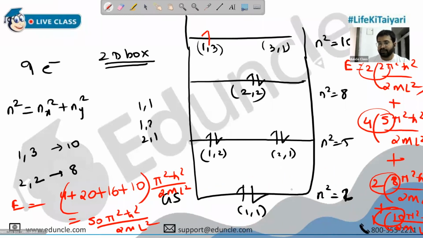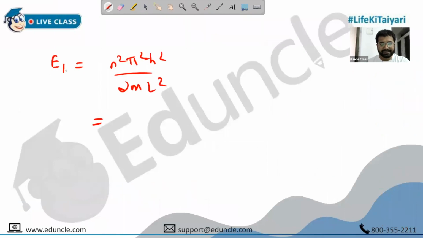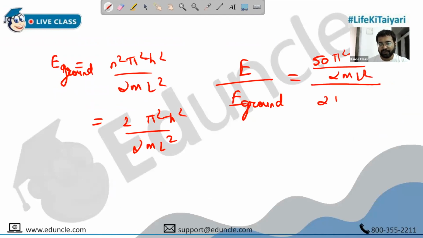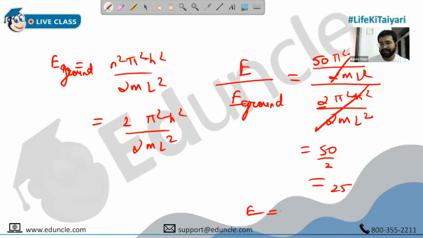So E ground is 2 pi square h square upon 2 m l square. So total energy upon the ground energy equals 50 pi square h square upon 2 m l square, the whole upon 2 pi square h square upon 2 m l square. So pi square h square upon 2 m l square gets cancelled. 50 by 2 is 25. So total energy is 25 times the ground state energy, people.